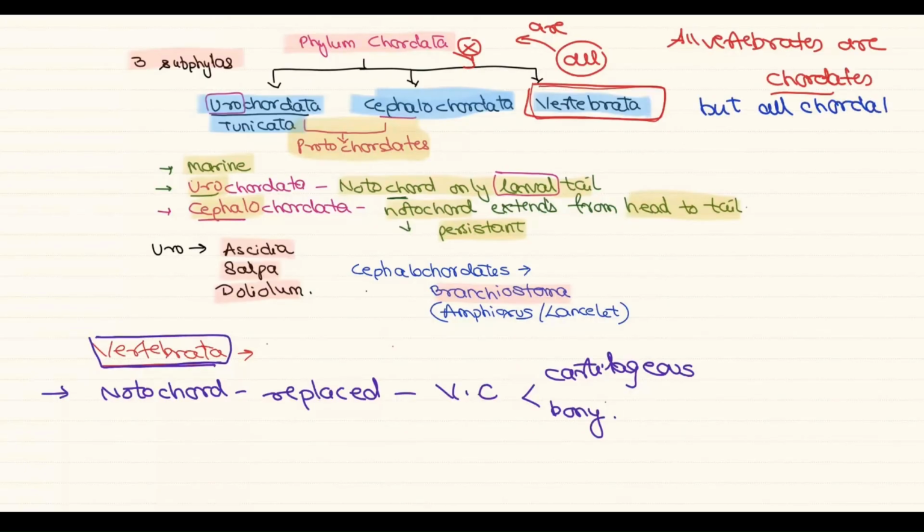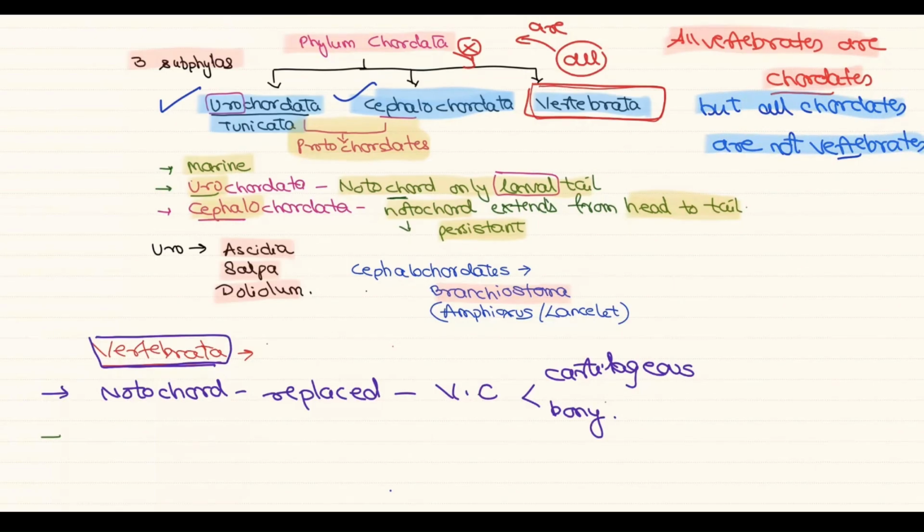But all chordates are not vertebrates because the chordates also include Urochordata and Cephalochordata. Right? I think it is clear. It can be said that all the vertebrates are chordates, but all the chordates are not vertebrates.